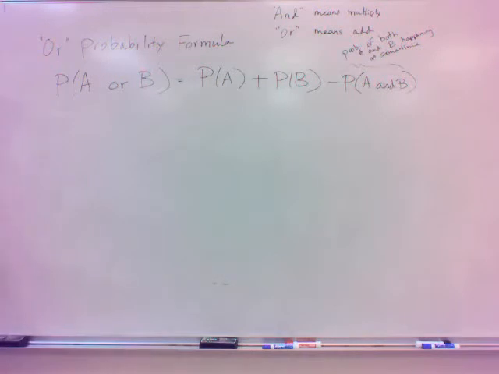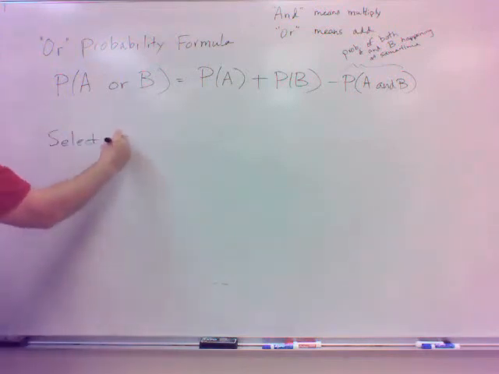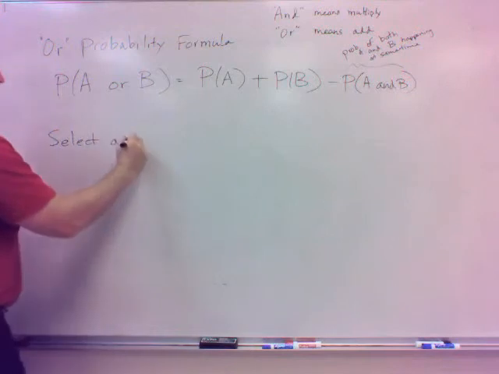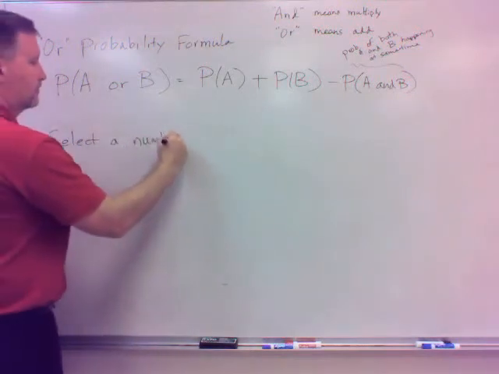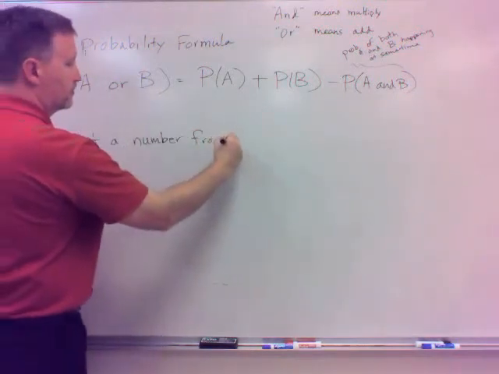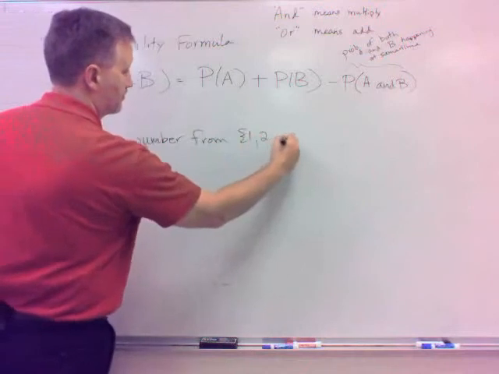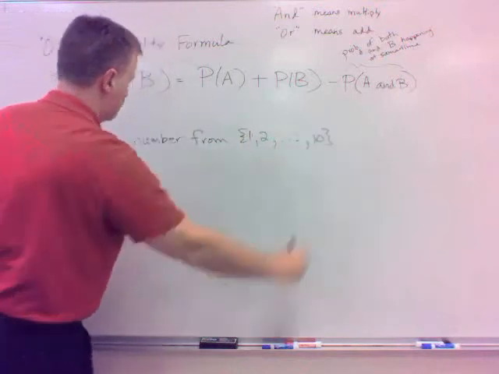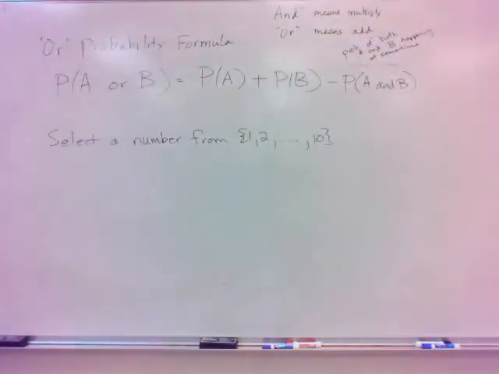All right. So yeah, let's just do another example here. Let's say I have this one. I'm going to select a number from 1 to 10. I'm just going to pick one number out of 1 through 10.